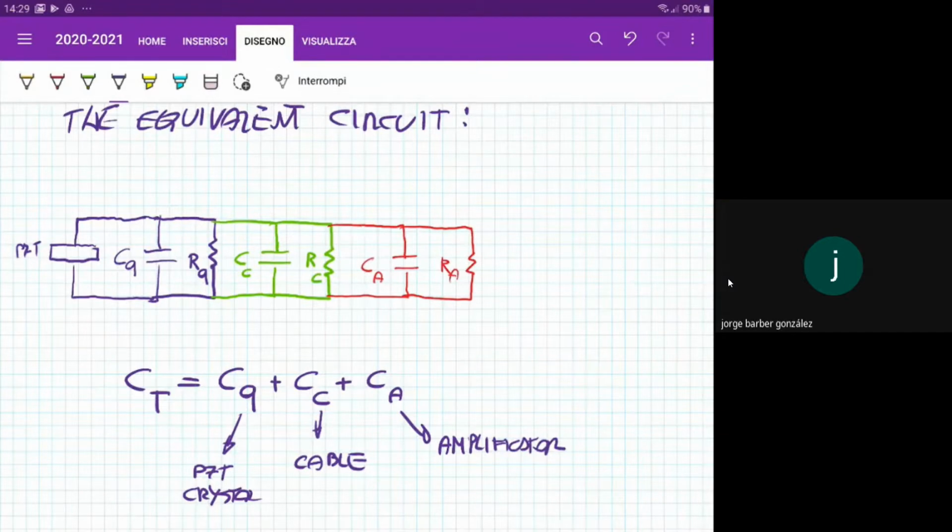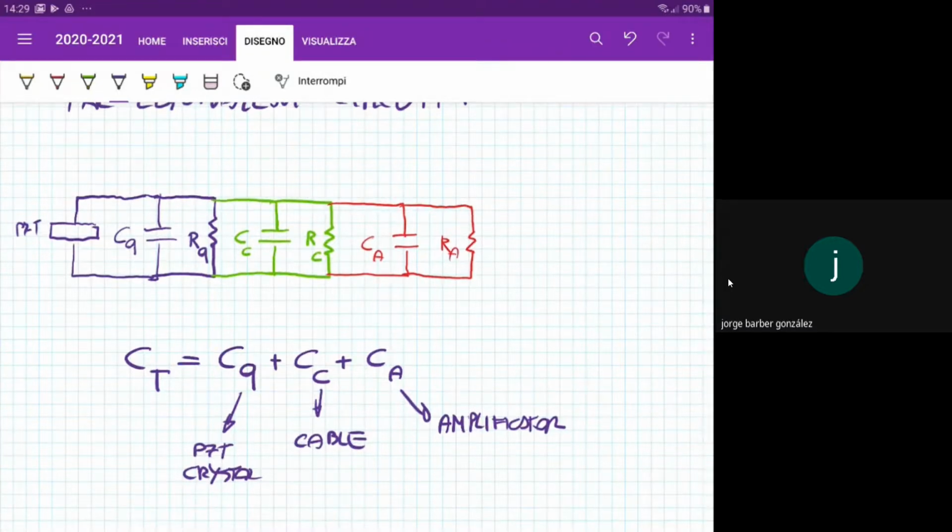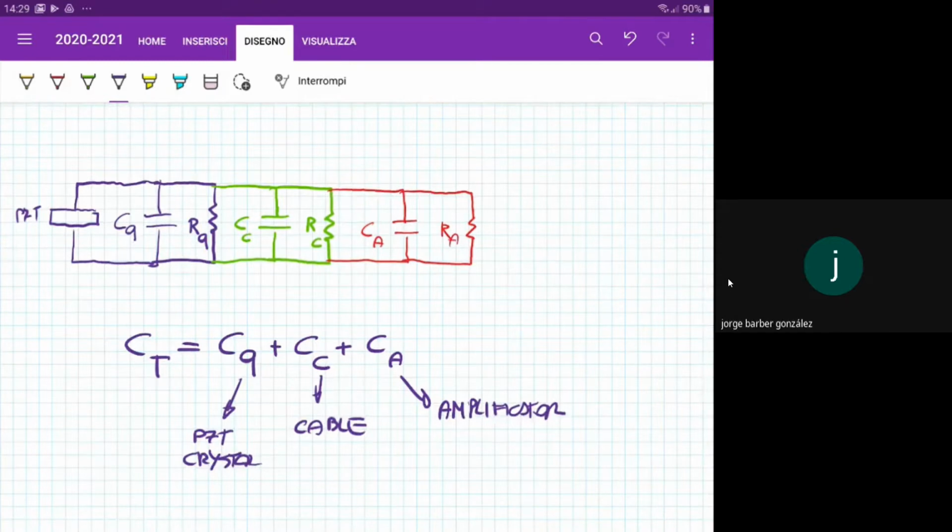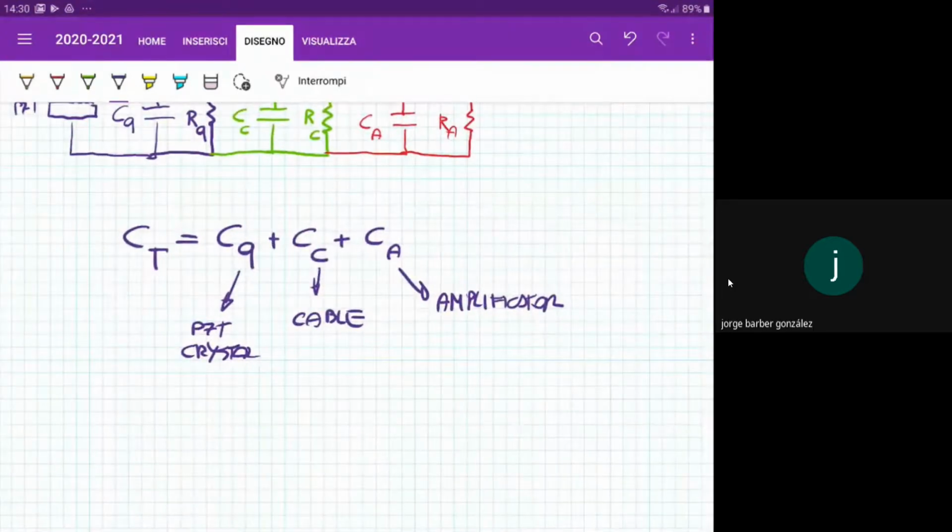Now the reason why I am showing you that electrical circuit is because those parameters are the most important ones. So in order to characterize the acceleration measurement using PZT, you have to refer to this circuit. Now what we'd like to have is the equivalent circuit. The equivalent total capacity, because the capacitors are in parallel, is the sum. On the contrary, the total equivalent resistance of the parallel resistances is 1 over the summation of the inverse of the resistances.